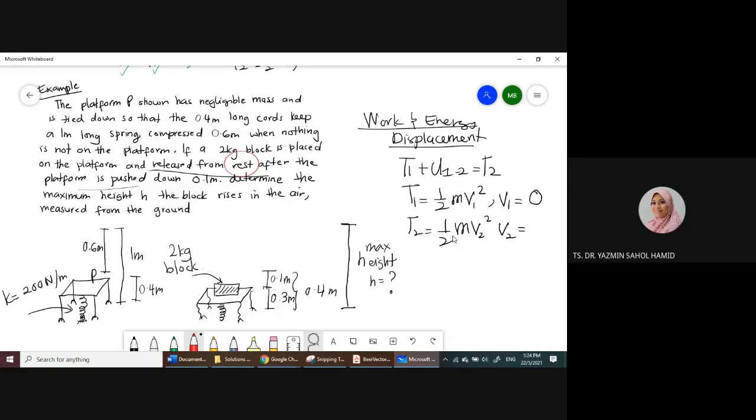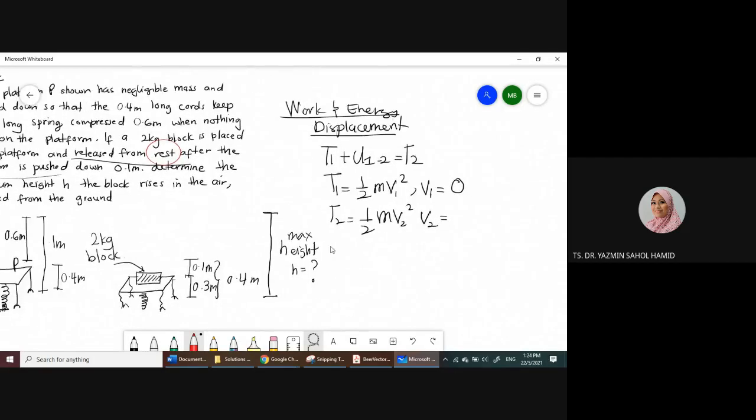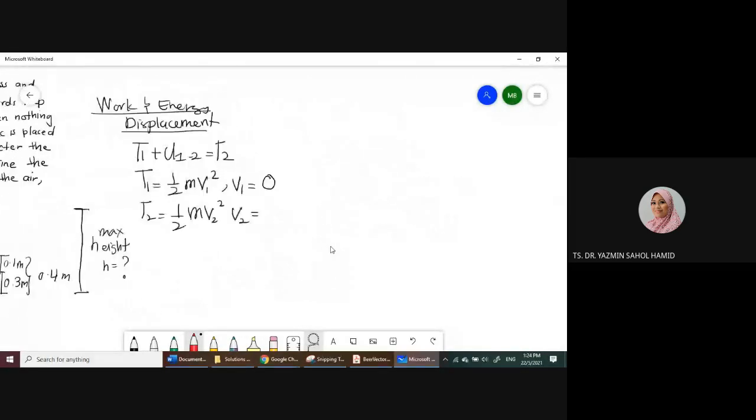Next, what do you think velocity V2 is? Because V1 is 0, it starts from rest, so we can say that T1 equals 0. Now, when a particle reaches its maximum height, what is the velocity?